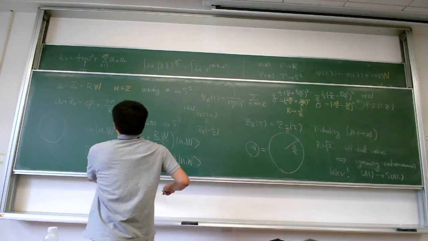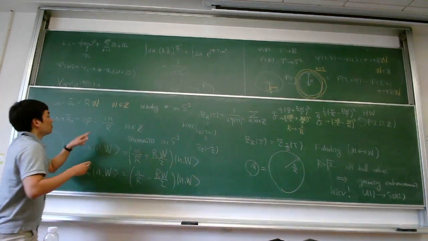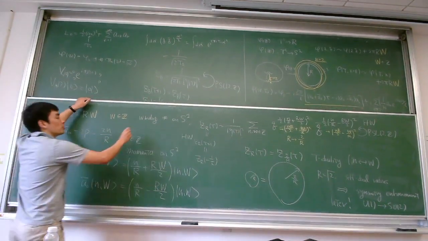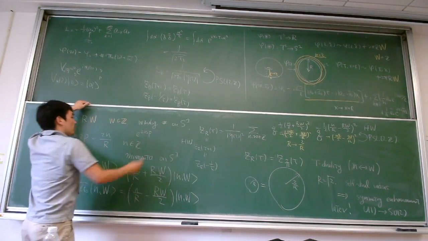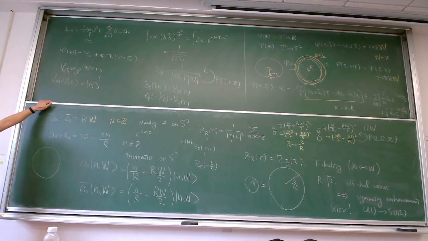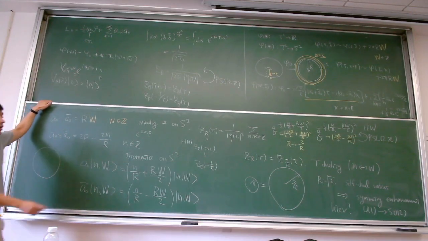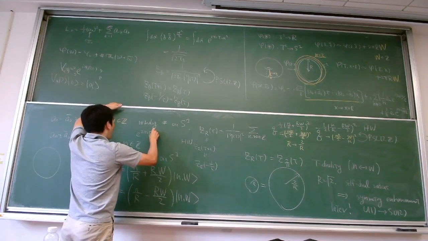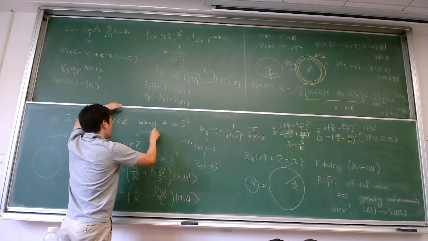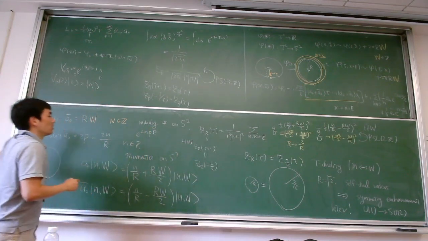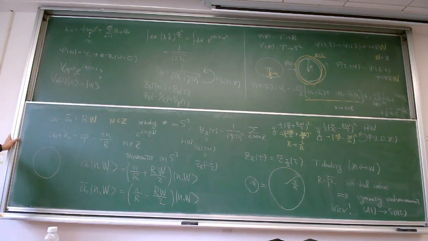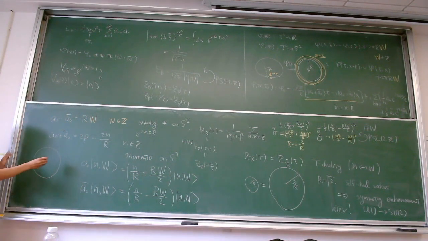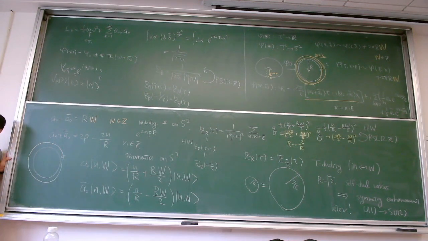So this is momentum. Therefore, e to the 2 pi i p times the radius 2 pi R is really the translation of space, momentum.